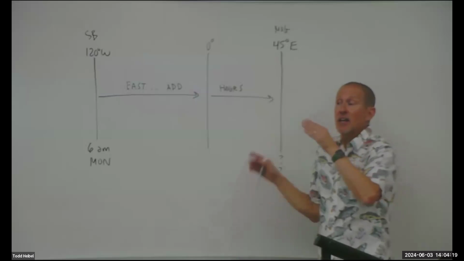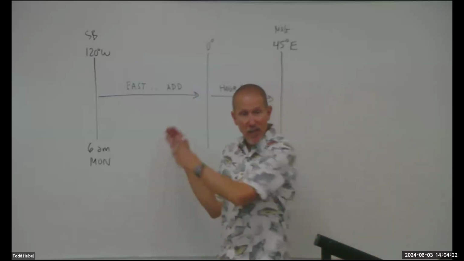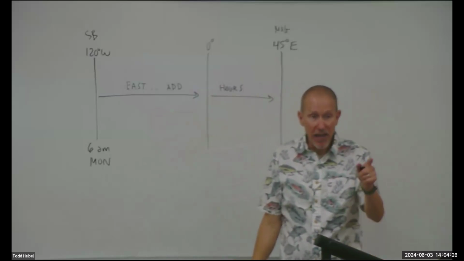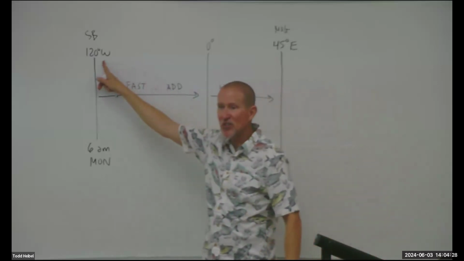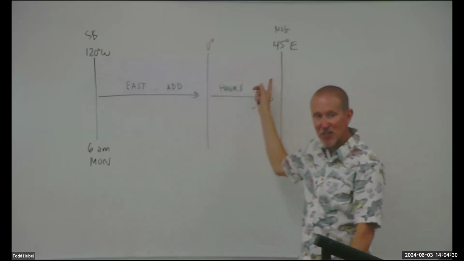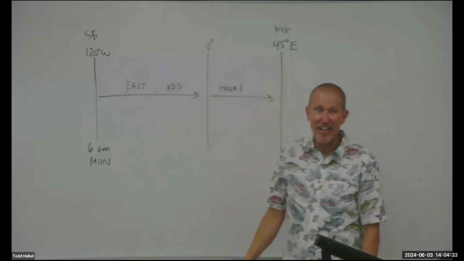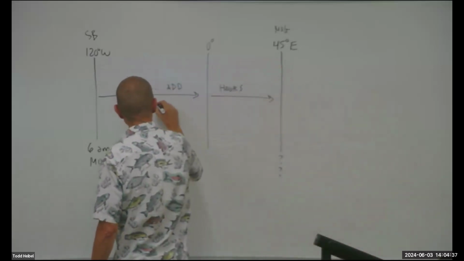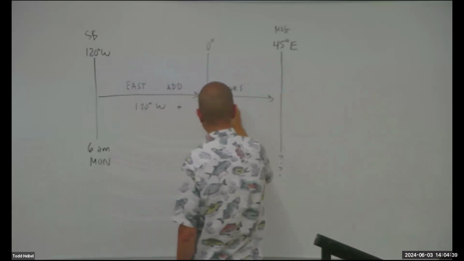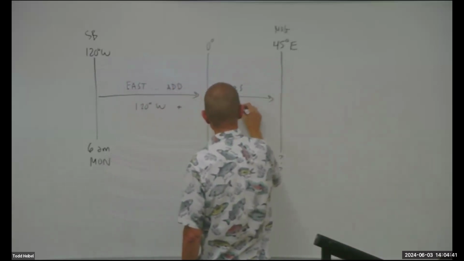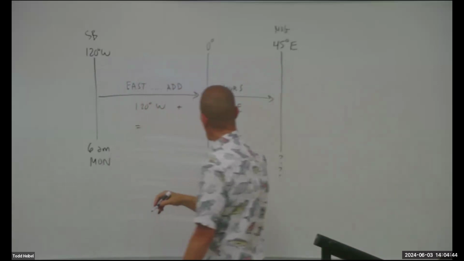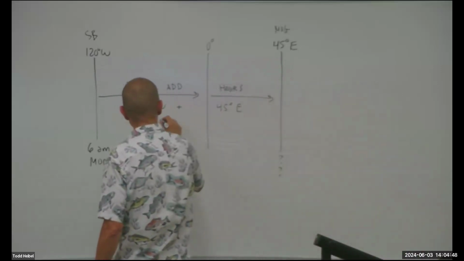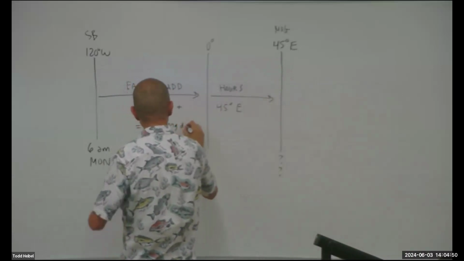Now, if both locations were in the same hemisphere, we would totally do that. We would subtract to get the difference. But because both locations are in opposite hemispheres, we're going to add. So we're going to add 120 degrees of longitude from the west plus another 45 from the east. And what is that total? 165. Love it. So we're going to get 165 degrees of longitude difference.